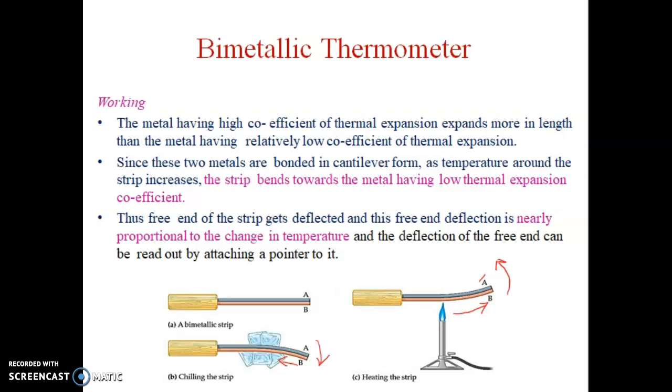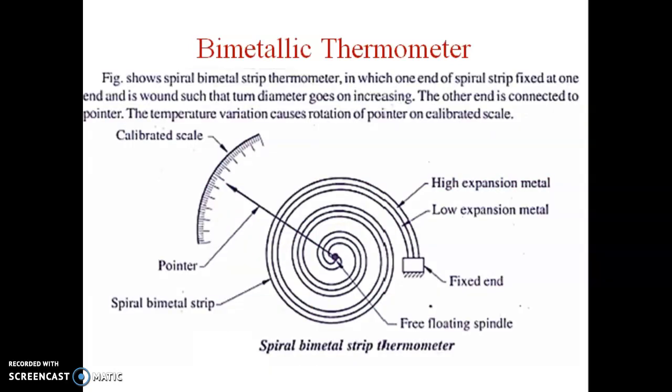The deflection of the free end can be read out by attaching a pointer to it, and the pointer will move over a dial which is calibrated in a temperature scale. The figure shows a spiral bimetal strip thermometer. So the high expansion metal is fixed like this and the low expansion metal is fixed like this.